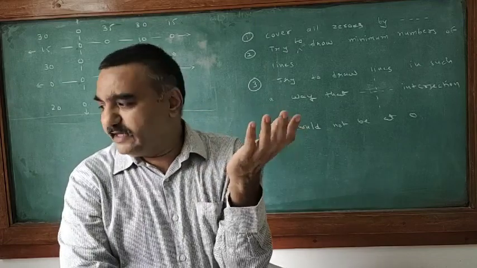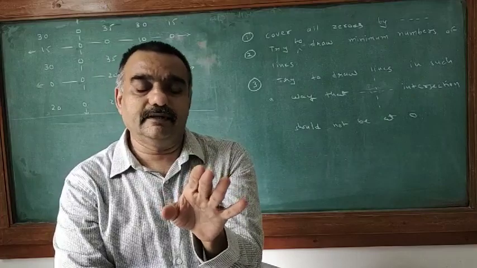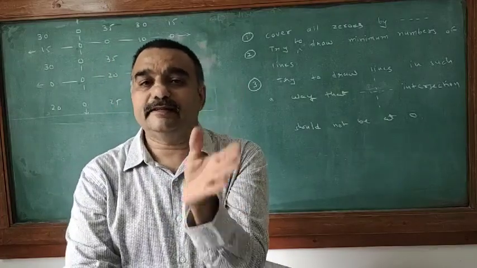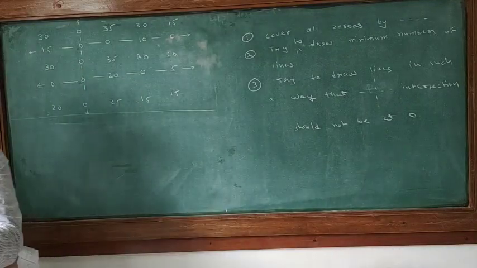If it is not possible, then try to do that, but as far as possible, try to have fewer intersections at 0. As this is the first sum.